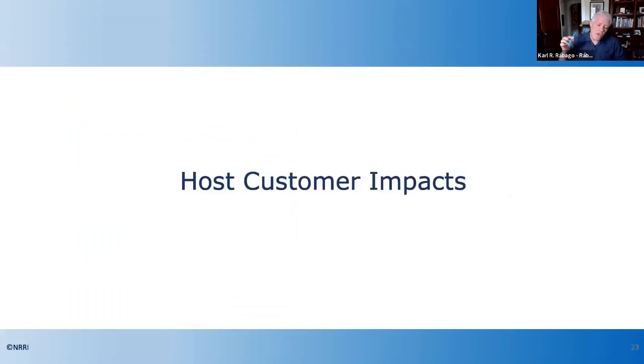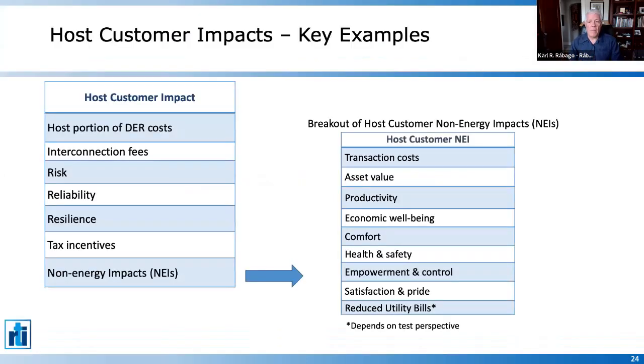Now, we don't always, under traditional approaches, take a look at how things impact host customers. That's the customer who's going to have the DER in their home or business. But they can obviously add to our understanding of the impact of the program.